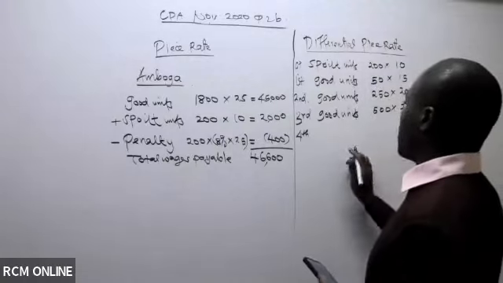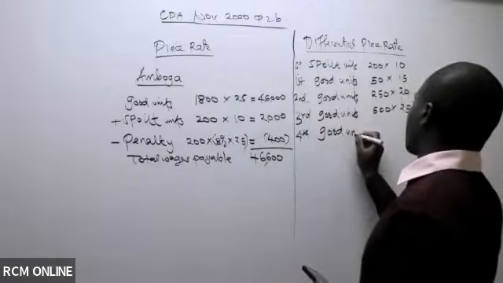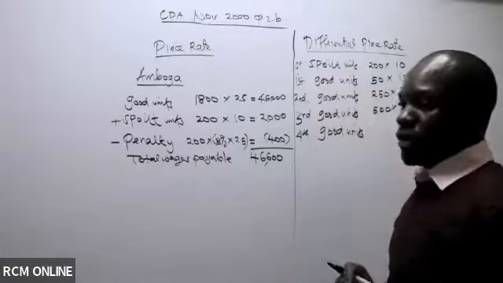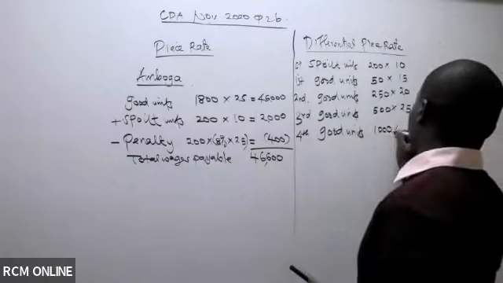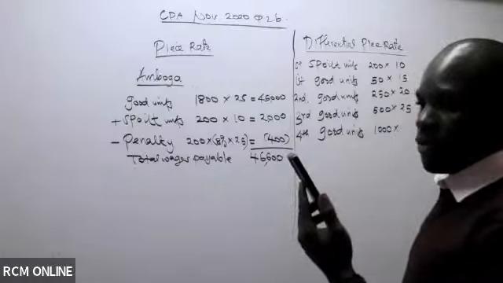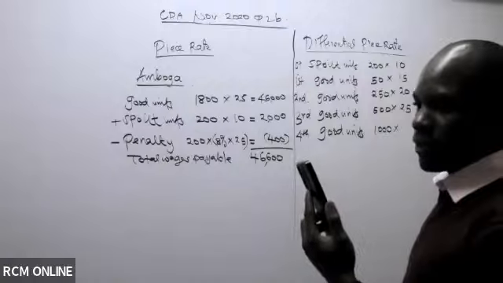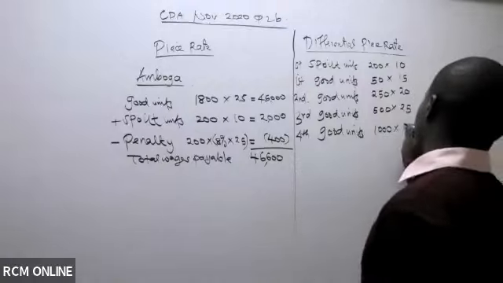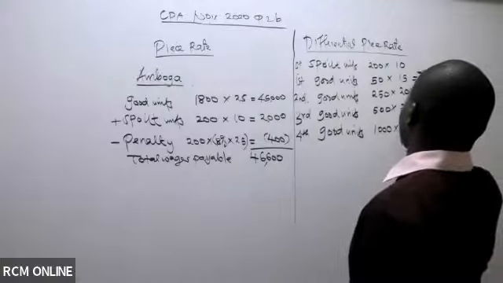So how many goods are remaining? 1,000. So how much was paid for the 1,000? 30 shillings, right? So this is the amount earned by this individual.